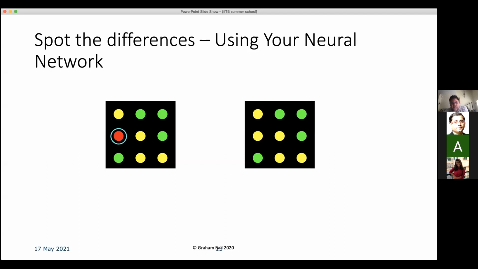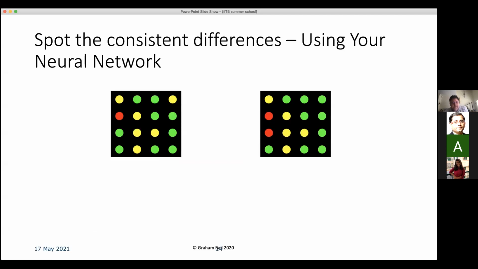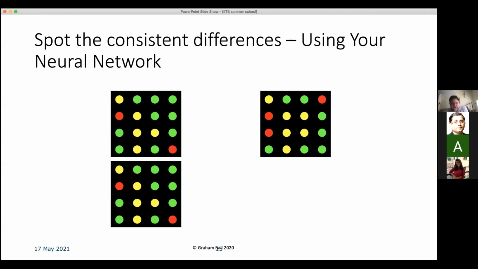Then if we make this more complicated, now we have a bigger array. And you can see there are a couple of differences now between these two. And they were relatively easy to spot, although a little bit more complicated because the array was bigger. Now we're trying to look for consistent differences.